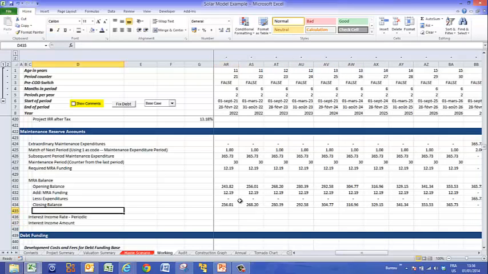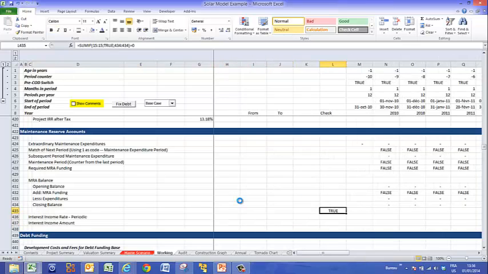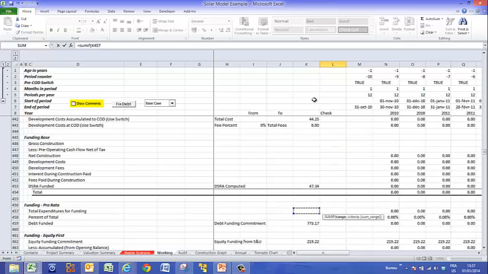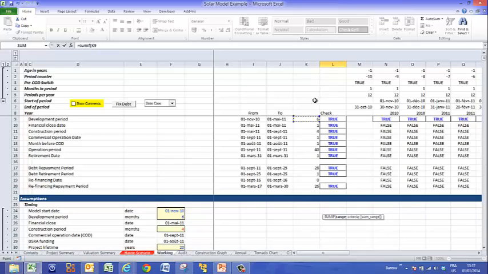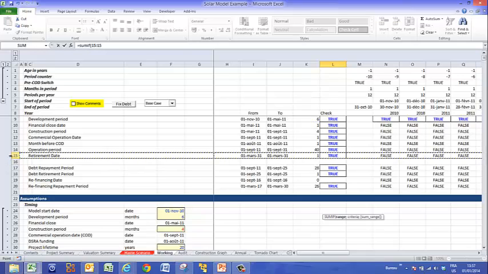Let's make a check. Let's show you how to make a check of this. I'm going to redo this. What you can do is use a SUMIF. Let's first just sum this account when we hit a retirement date. So let's just click on the entire line and then put TRUE.